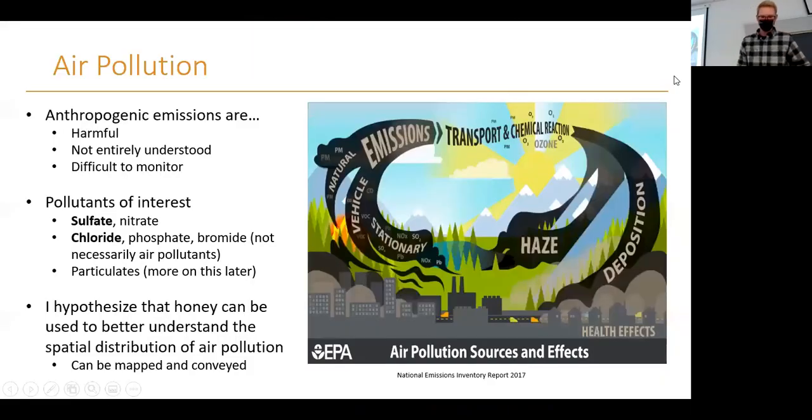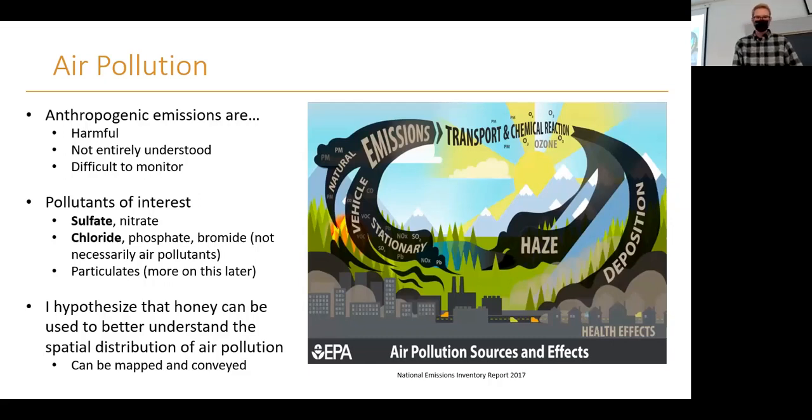So air pollution. Air pollution consists of chemicals or particles in the air that can harm humans, the environment, animals, and they're mainly generated anthropogenically in the form of emissions from factories and cars, especially.